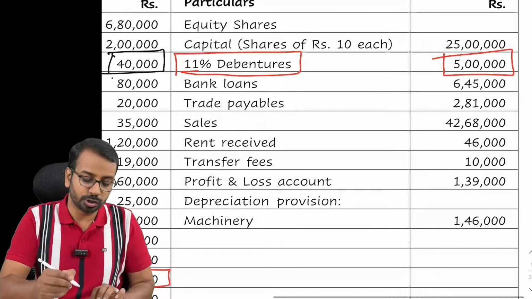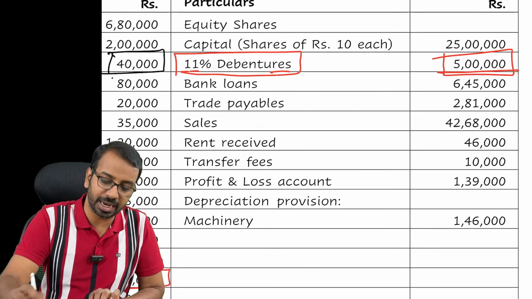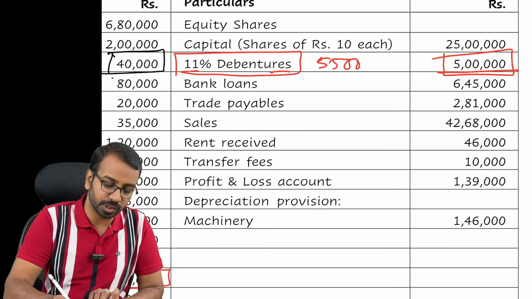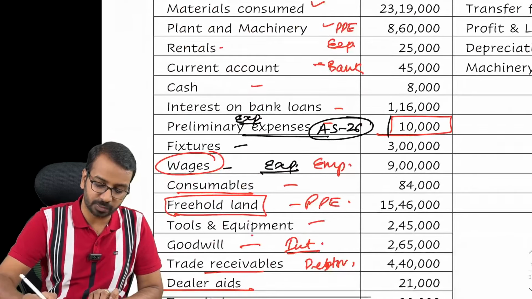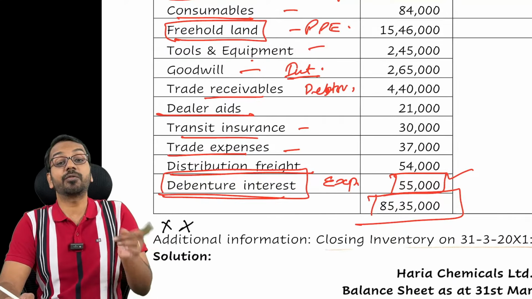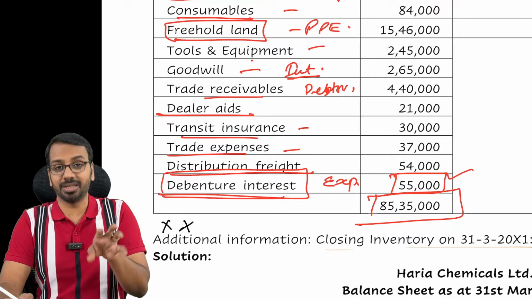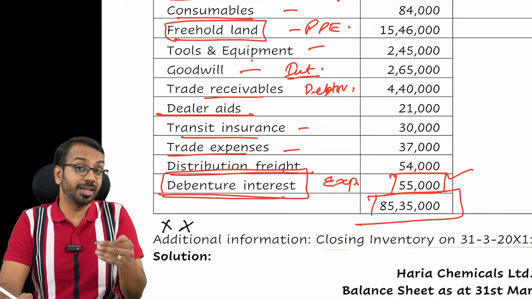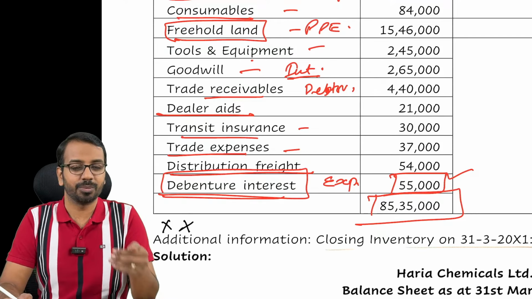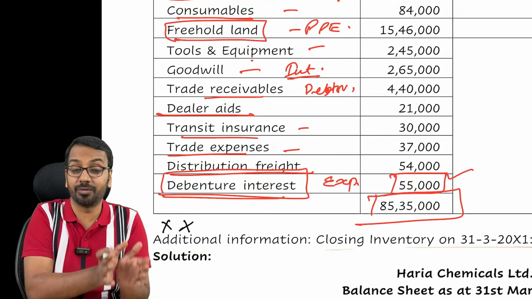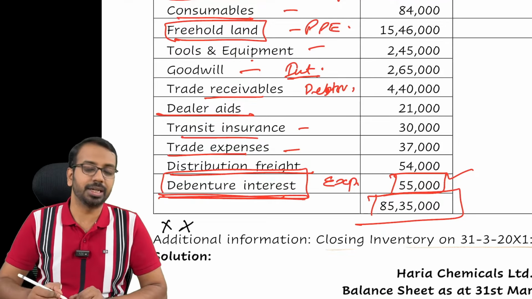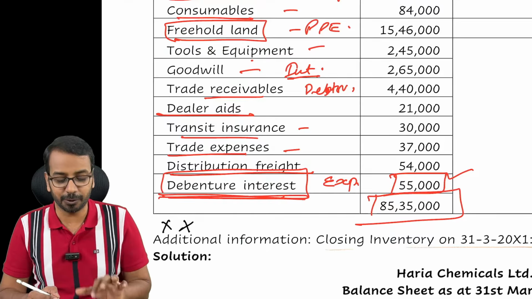Now tell me, what should be my expense at 11% on 5 lakhs? 5 lakhs into 11% should be 55,000 expense. Is 55,000 expense considered? 55,000 expense is fully considered. If 55,000 of expense was not considered, then there could be a possibility of outstanding interest. Meaning to say, we have to provide for that particular item. So note this point. Whenever there is a debenture interest, check for hidden adjustment.